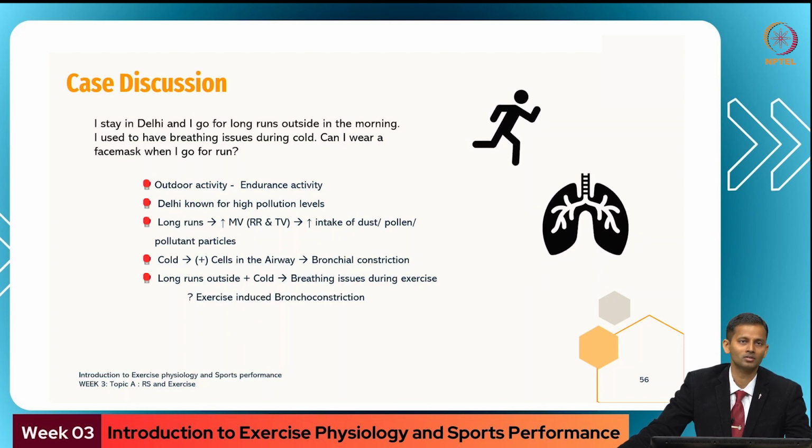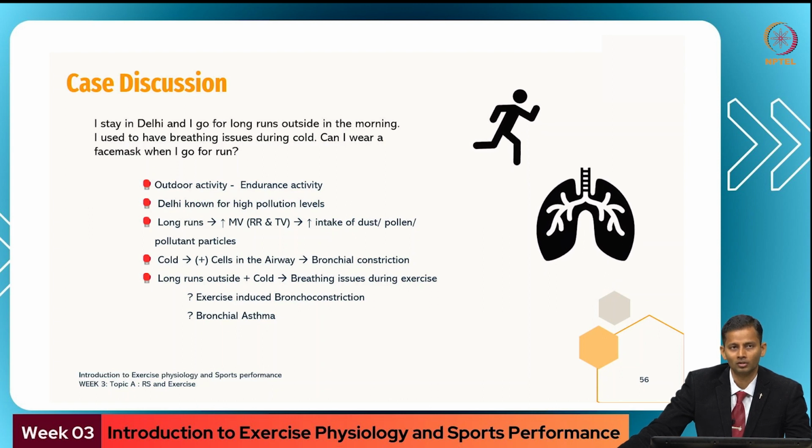So this means that it could have been exercise induced bronchoconstriction, or the individual would be having bronchial asthma, because from whatever we have in this case, we don't know whether the individual was already an asthmatic, and then when he goes for long runs outside in Delhi during cold weather he develops it or not, we are not aware.